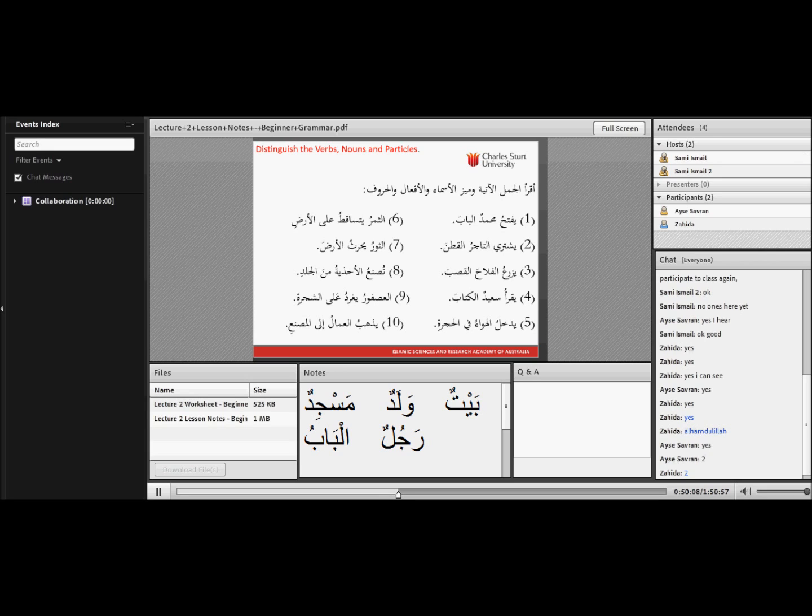Fi means in, ila means to, min means from, ala means on or upon. These are meanings of the harf, the particle. And we also said that the minimum number of letters for a harf is 1. For example, in Bismillah, the B is 1 harf, and the maximum is 3, like ala, which has 3 letters.